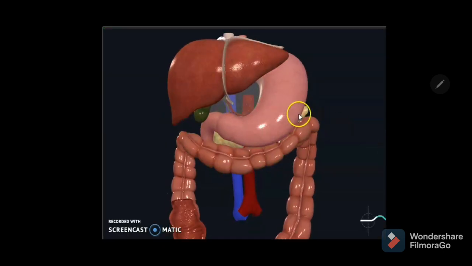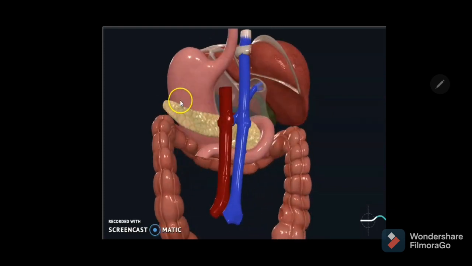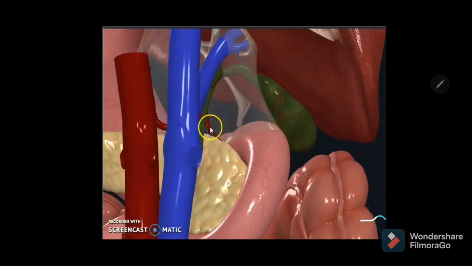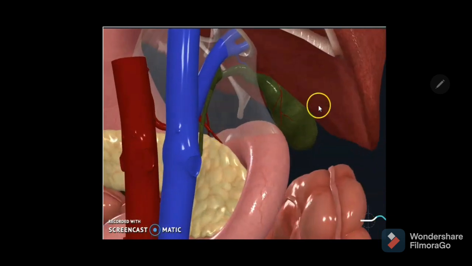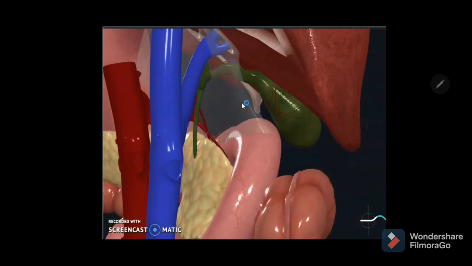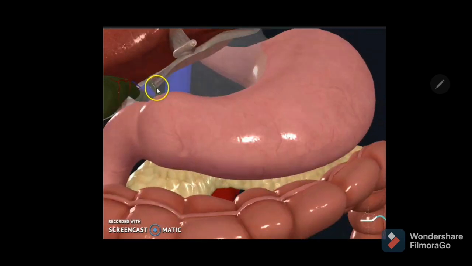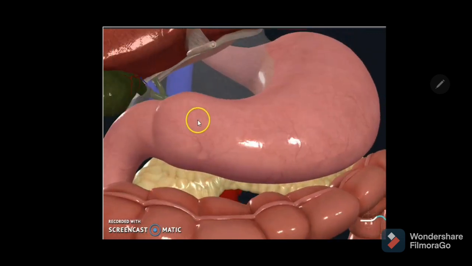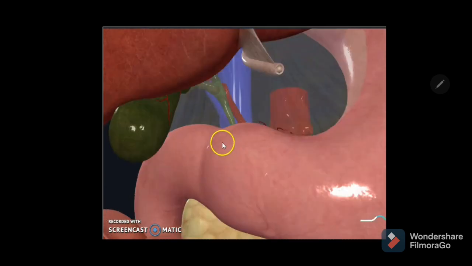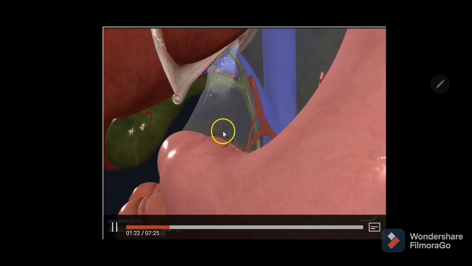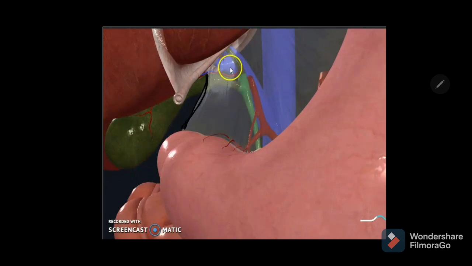And once you isolate the relations and components of the extrahepatic biliary apparatus, you can notice that is the gallbladder, and that is the common bile duct. You can see the lesser omentum there, how it is extending, the right free margin of the lesser omentum, the right free margin here of the lesser omentum.